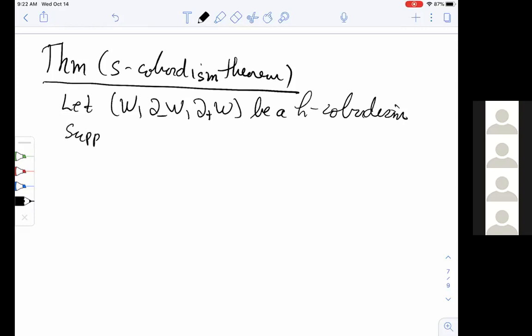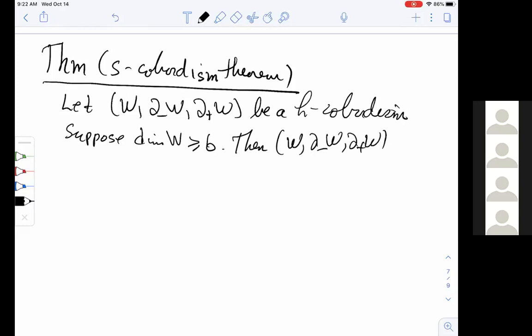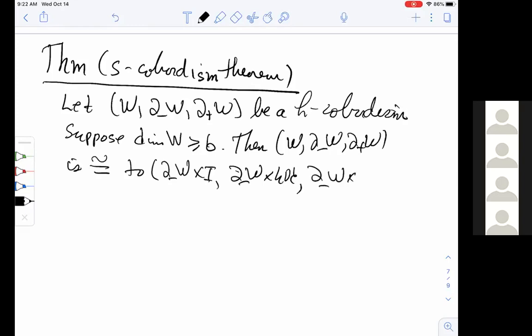Suppose the dimension of W is at least 6. Then W, boundary minus W, boundary plus W is diffeomorphic to boundary minus W cross I, boundary minus W cross 0, boundary minus W cross 1.